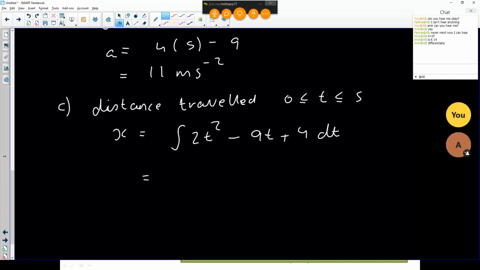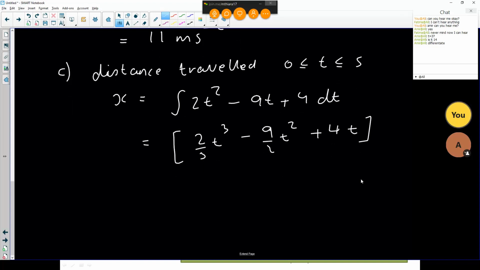And like I said, because it's a definite integral, I don't need to worry about what the constant is. So here I'm just going to get an expression 2 over 3 t cubed minus 9 over 2 t squared plus 4t.